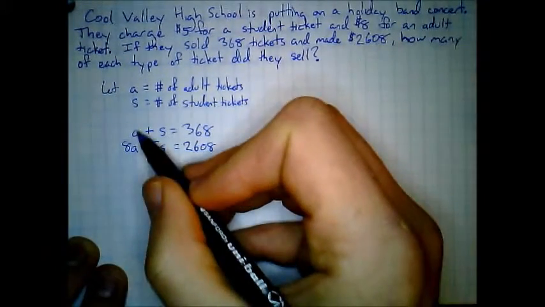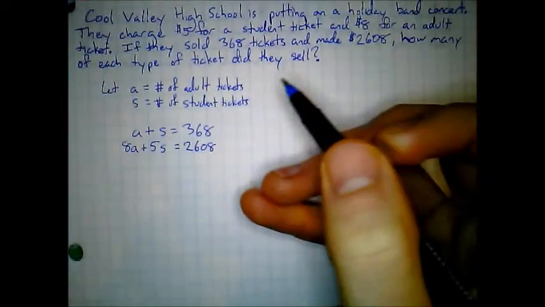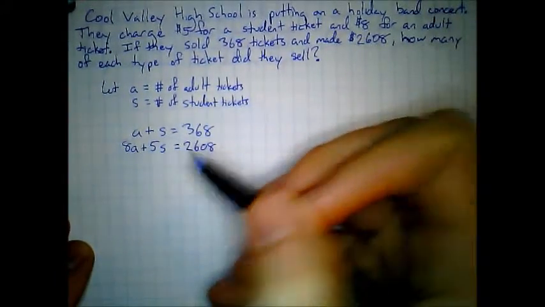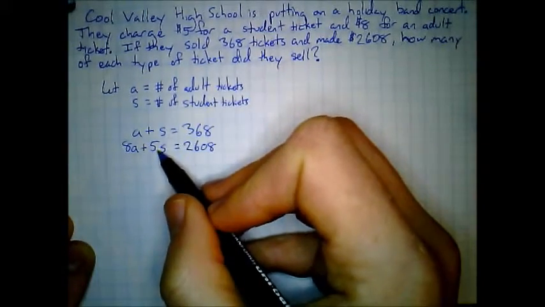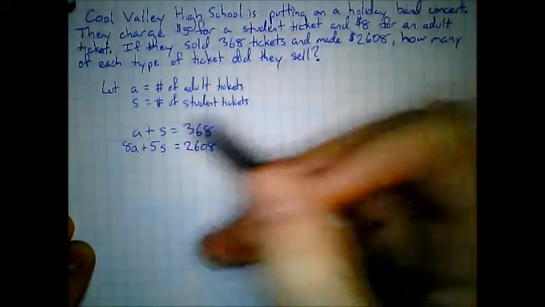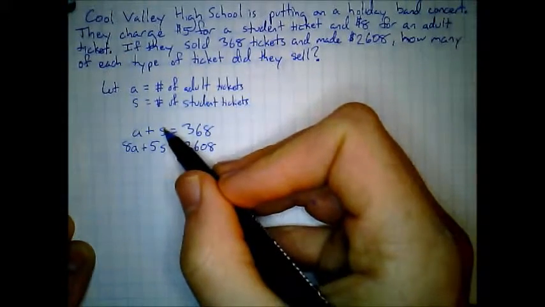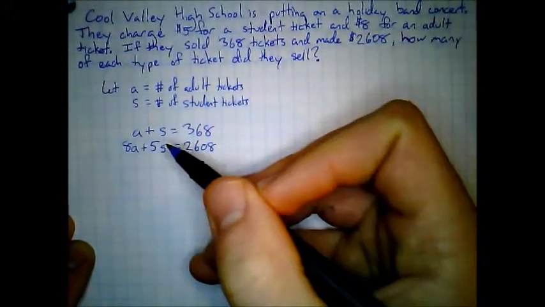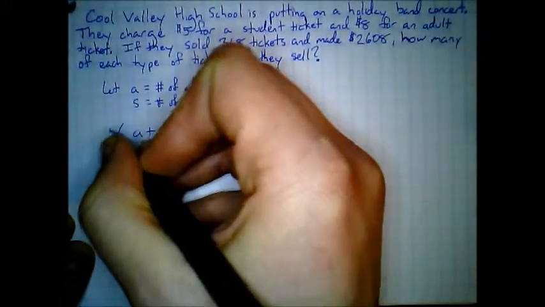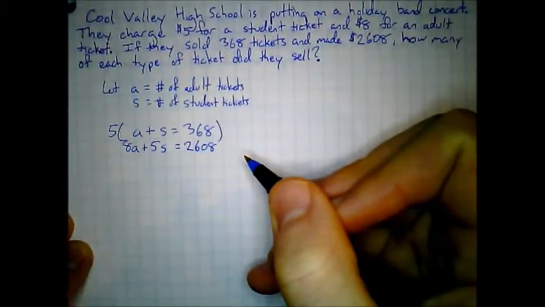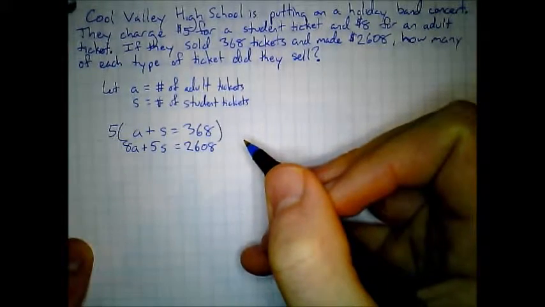Okay, we realize that nothing's going to eliminate right away because none of our coefficients match up. So we need to multiply something first. So I know in order to get rid of my S's, this would have to be a 5S. I need a 5S in my first equation so I could subtract off the 5S in my second equation. So I'm going to multiply every single term in my first equation by 5. This is how we solve a system of equations like this.